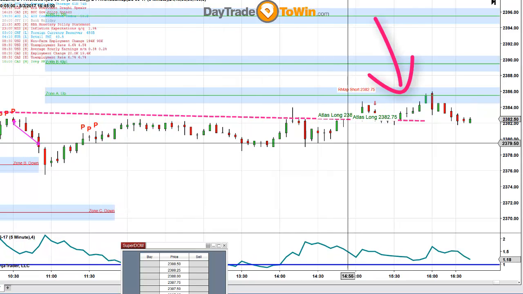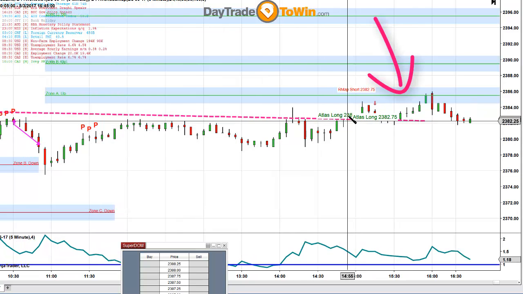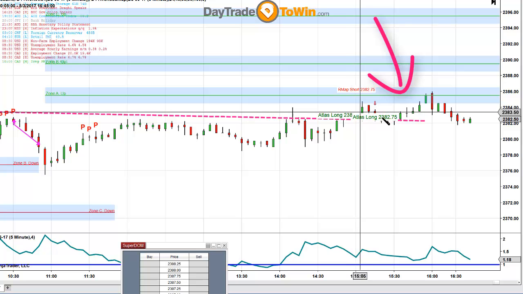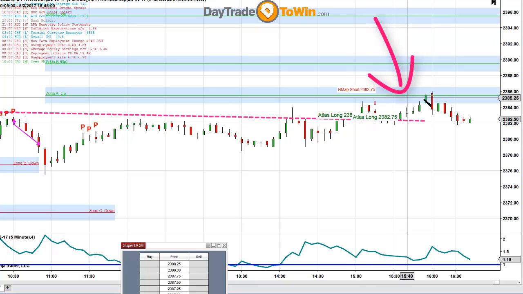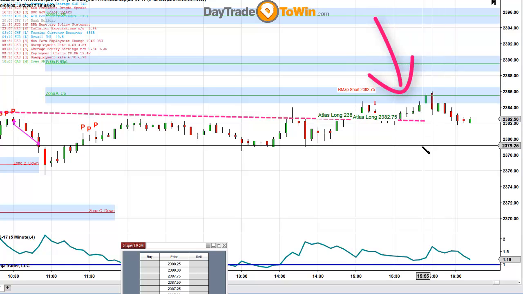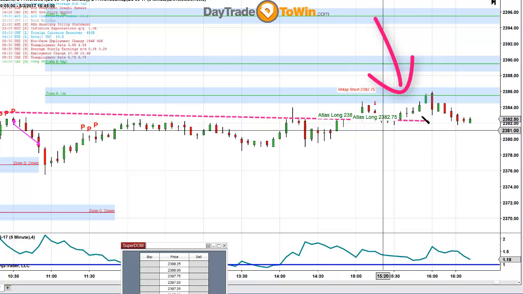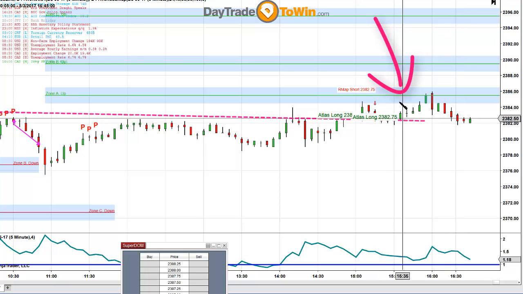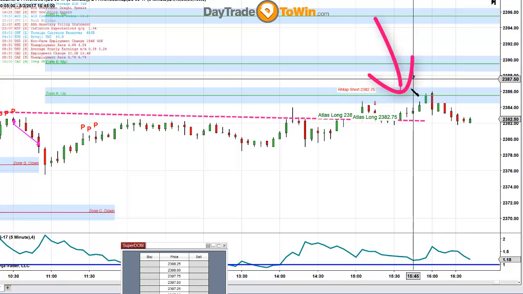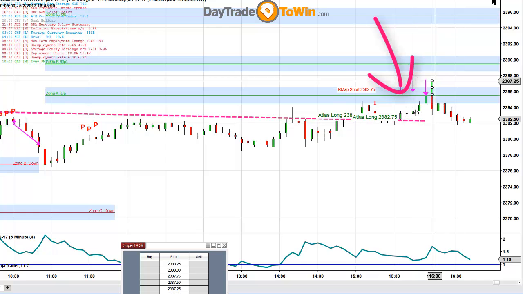So if I look at going long here towards the end of the day, as soon as it hits the roadmap zone, it stopped and reversed. So that means that if you went short, that would have been the right thing to do. If you went long, fighting these guys, you'd get run over.